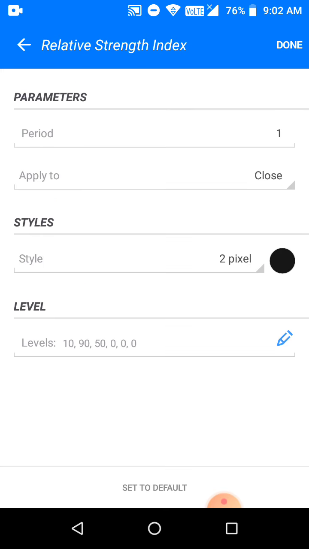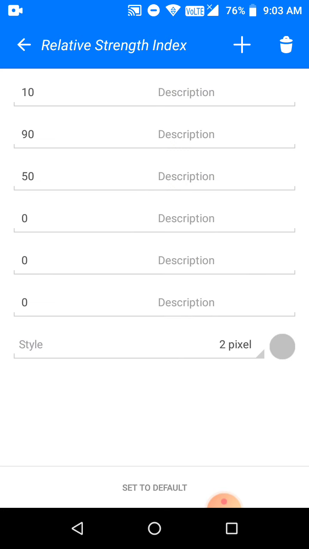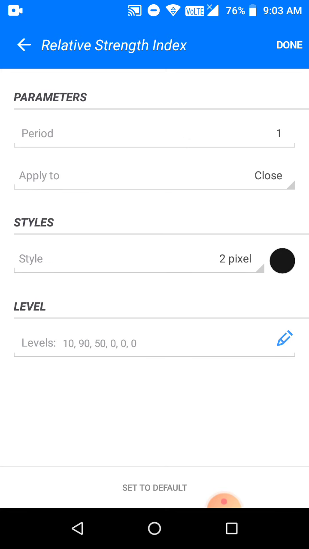I have the RSI, I choose 1, set it to close. I use black because black is my background color. Then the levels I've set to 10, 90 and 50. You can set 50 as a buy level so that you don't forget.